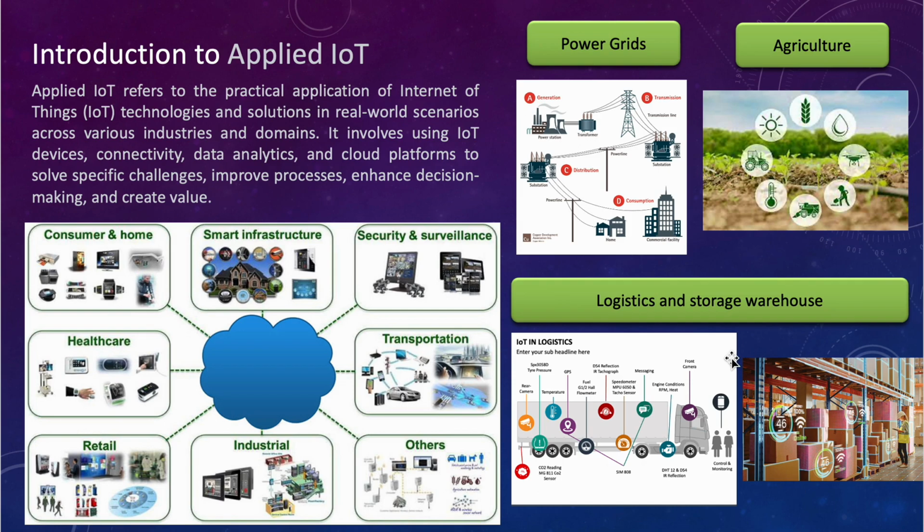What are the other things in logistics and storage? When having dairy products, meat or things like that, ice cream, for example, yogurt, we need cooler temperatures. So the temperature inside the storage area and the temperature inside the storage unit used to transport them need to be measured, and those things can be done through IoT devices.